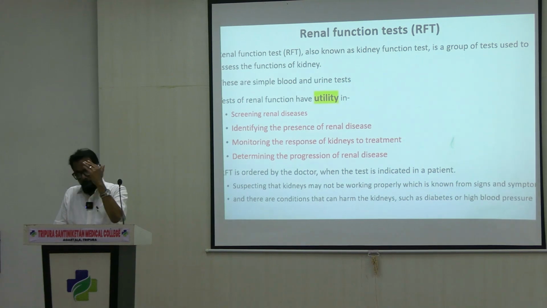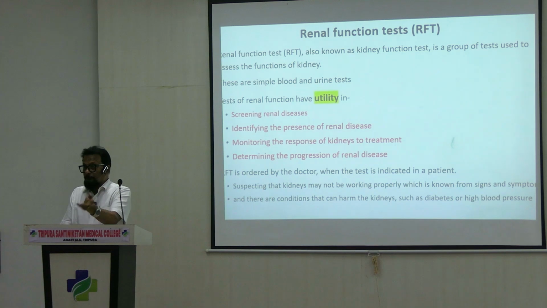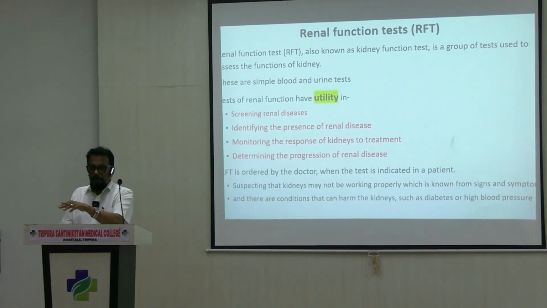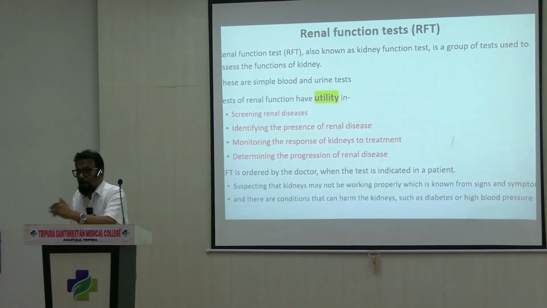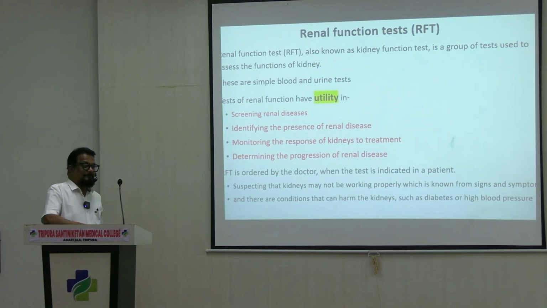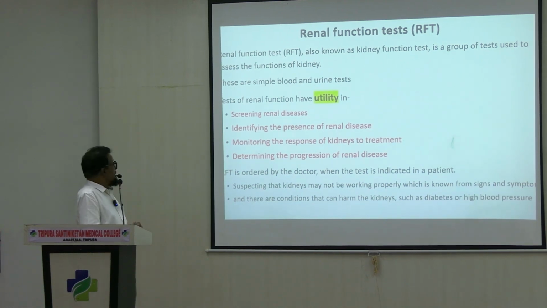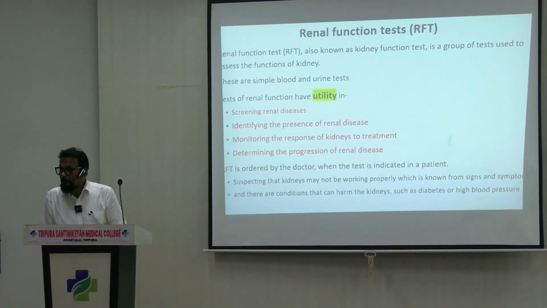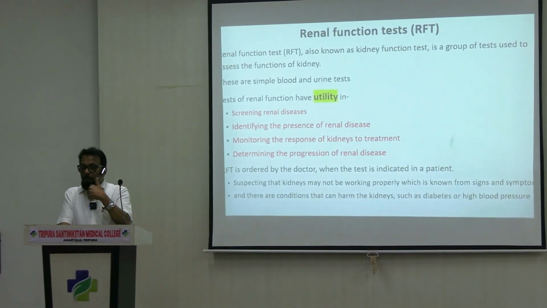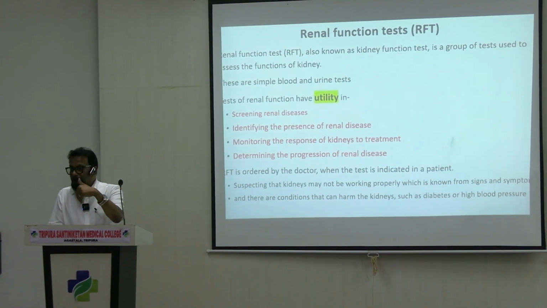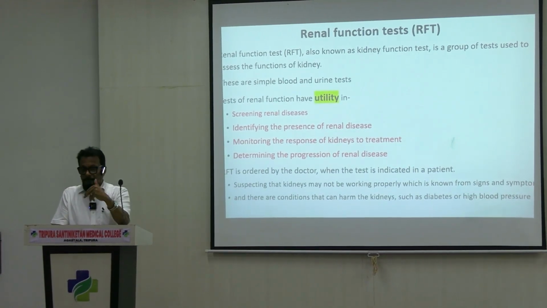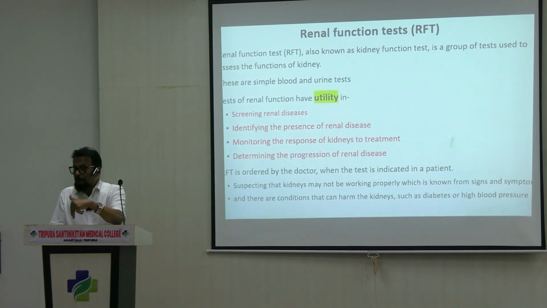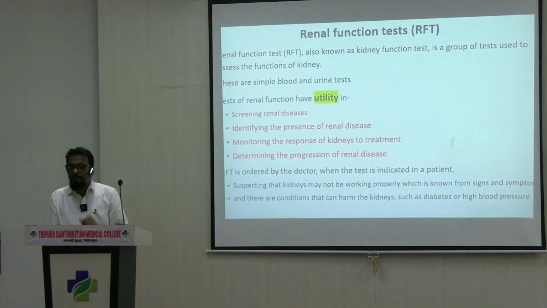For this purpose, we retest to see whether improvement or deterioration is going on. Another importance is determining the progression of renal disease, in which direction the disease process is going, whether it is improving or deteriorating.